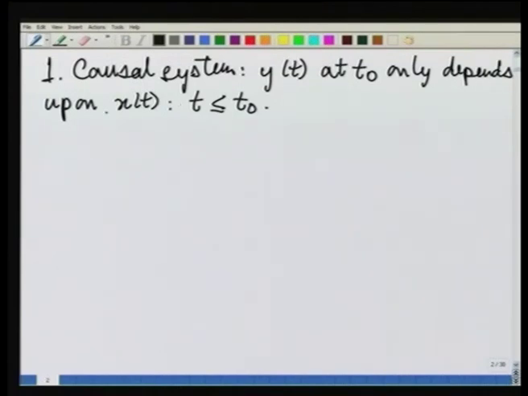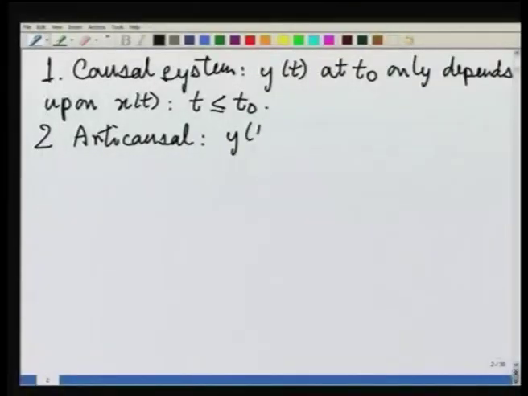Another kind of system that is defined is anti-causal. The anti-causal system is the exact antithesis of a causal system. If a causal system only uses information of the past and the present values of x(t) to calculate the output, the anti-causal system uses only the future values of x(t) to calculate the output at t.